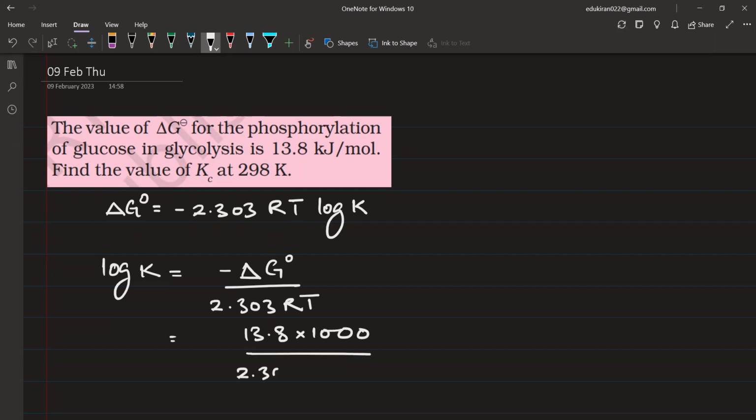With 2.303, R here will be 8.314 into the temperature is 298. इतना कैलकुलेट कीजिए कितना आ रहा है.